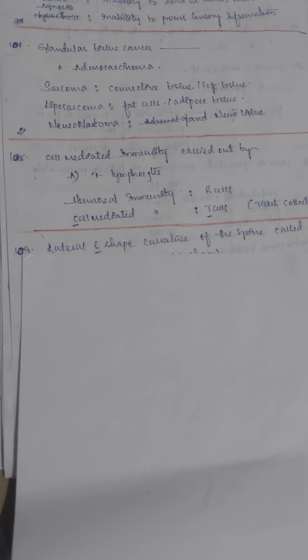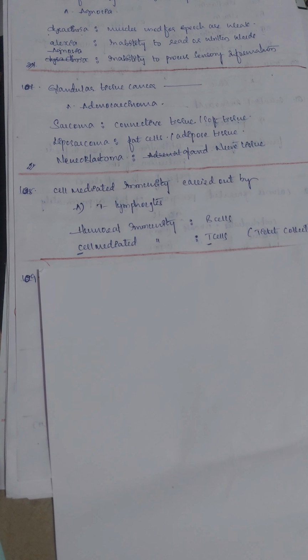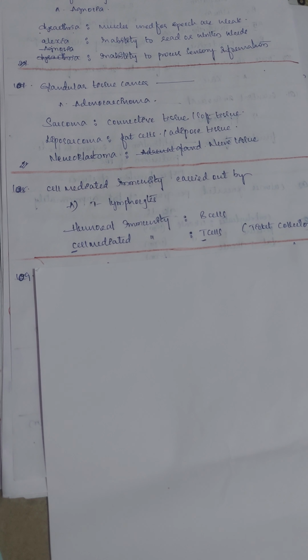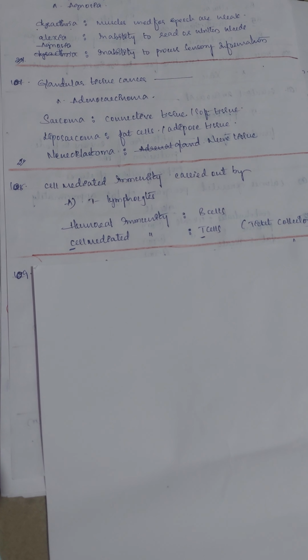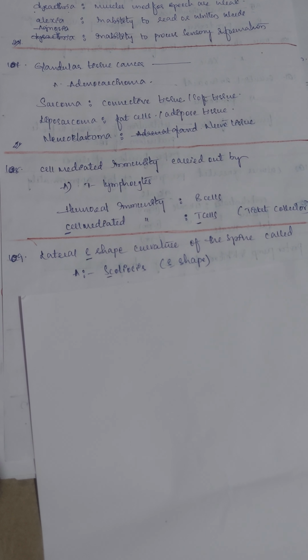Okay, the next: lateral shape curvature of the spine. Cell mediated immunity is carried out by T lymphocytes, and humoral immunity by B cells.